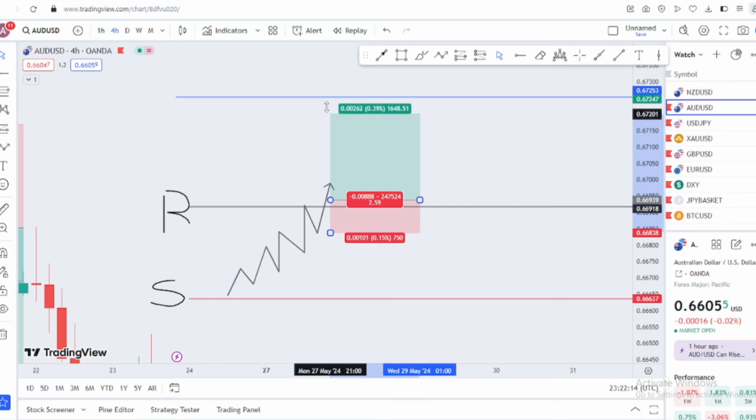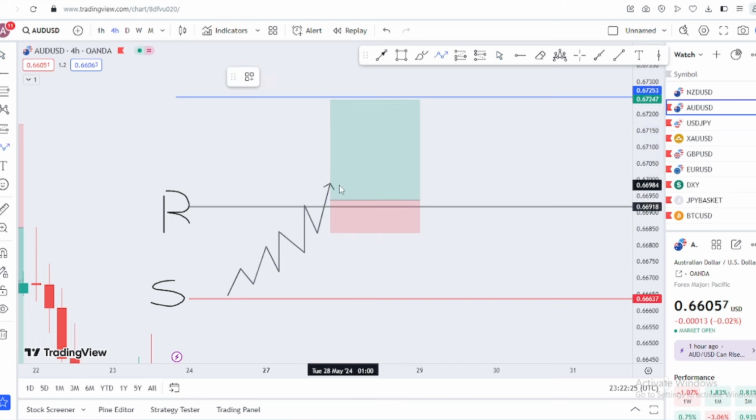Let's say the target is all the way up there. What happens in this case? Most times, immediately you place that trade, price reverses all the way against you and takes you out, and either continues to the upside or to the downside. This is what most traders are always passing through with false breaks.